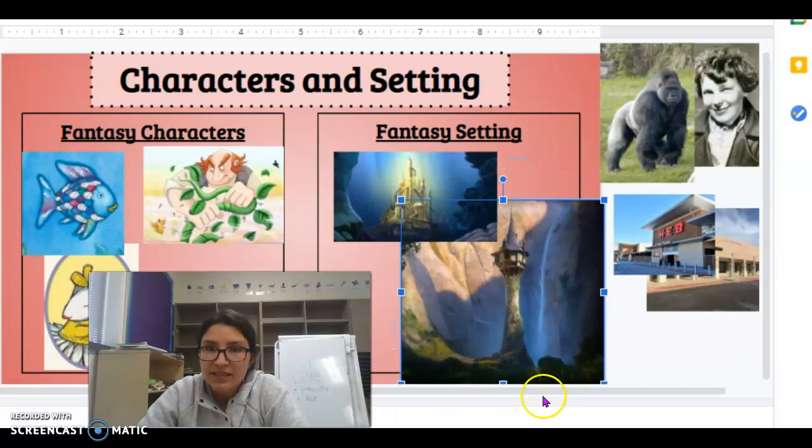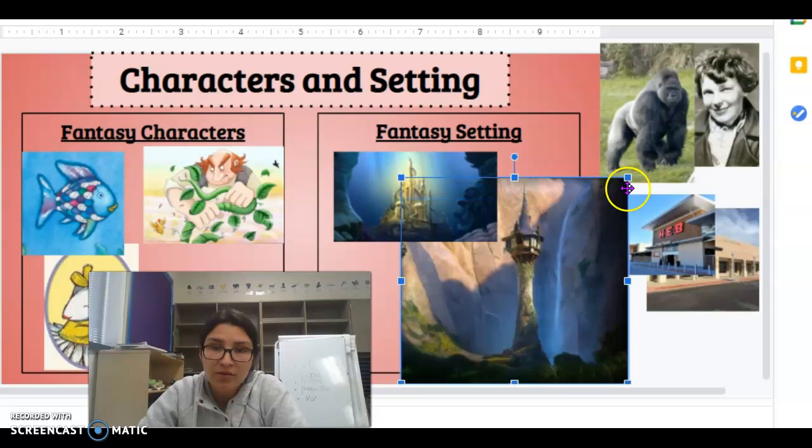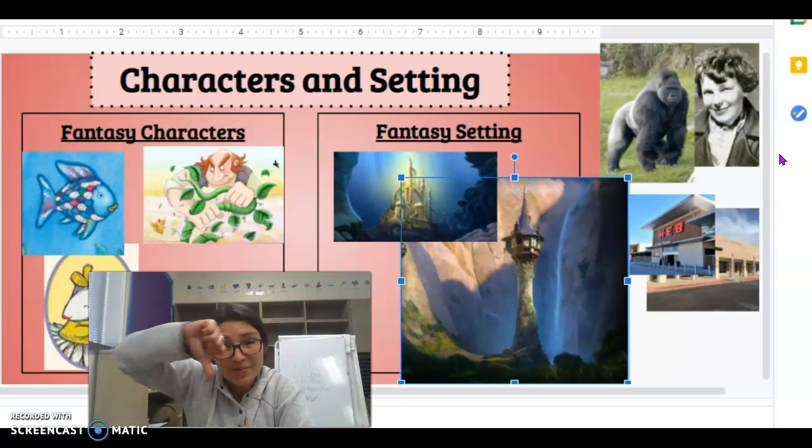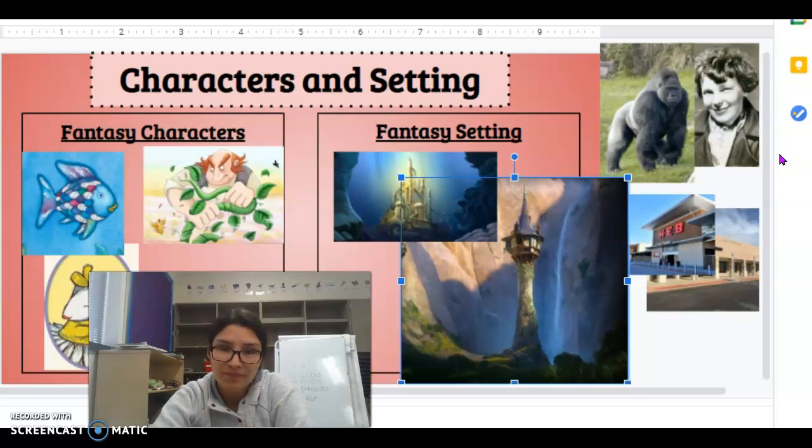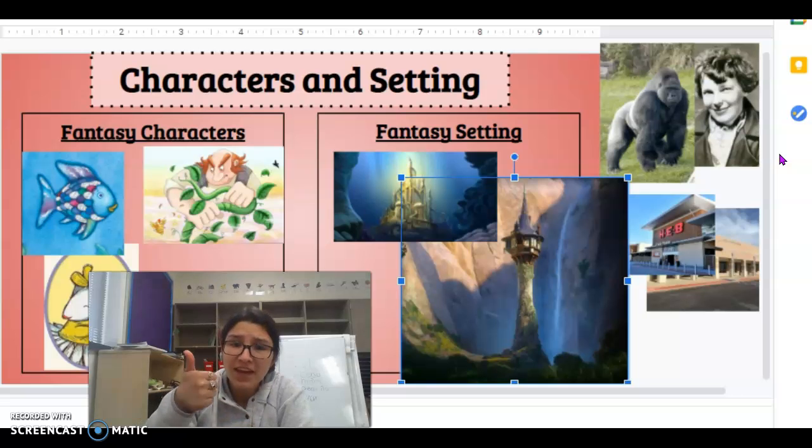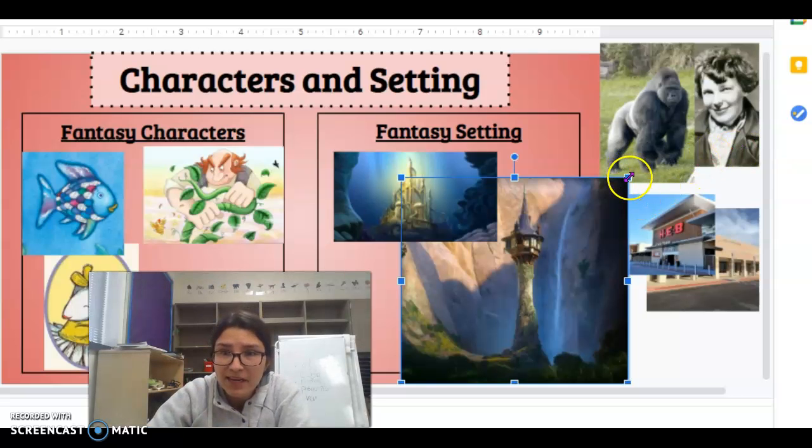This is the tower in the story Rapunzel, or the movie Tangled. Is this a real place? Thumbs down for real, thumbs up for fantasy. Fantasy or real? This is fantasy. This is not a real place. It's made up.